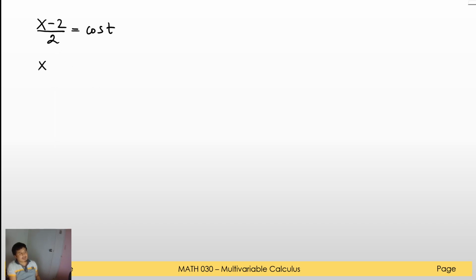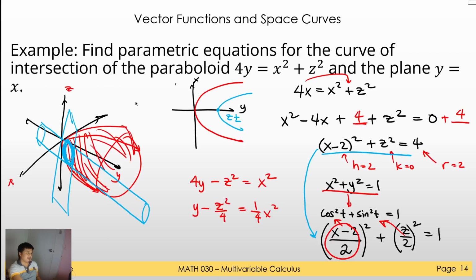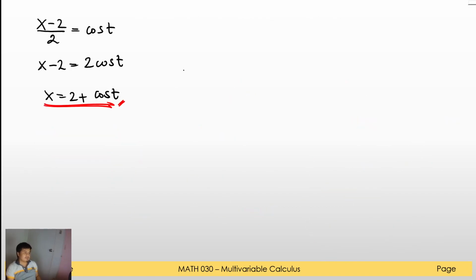Therefore, we have x minus 2 is equal to 2 cos t. So x is equal to 2 plus 2 cos t. So this is the first coordinate of the space curve. And then for the z variable, we have z over 2 is equal to sine t. So therefore, z is equal to 2 sine t. So this is your other parametric equation for describing this curve.